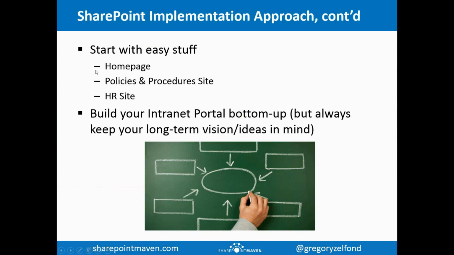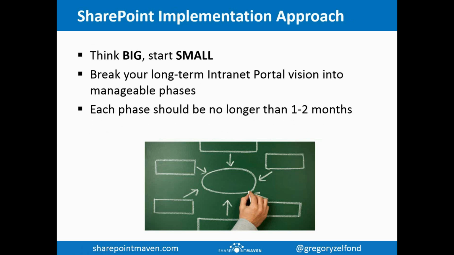The reason we do this is so you're not stretched thin. You use the opportunity to listen to your employees, to your users. You build out the sites correctly, appropriately, and then you have a chance for the next phase to learn from the lessons learned in the previous phase that you implemented. That's the phased approach that I advocate. As I mentioned on the previous slide, each phase should be no more than 2 or 3 sites, and in terms of duration, I always target 1 or 2 months.